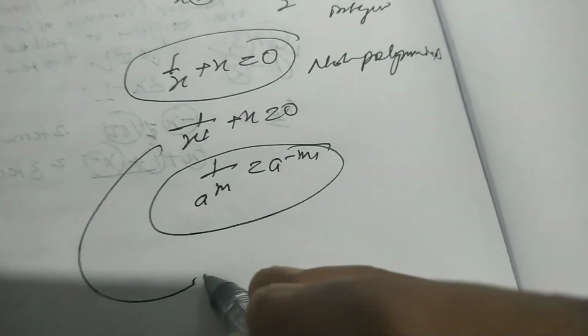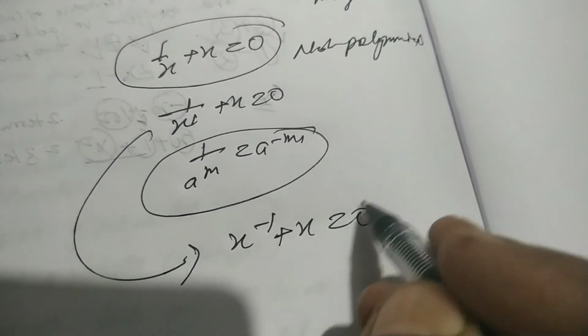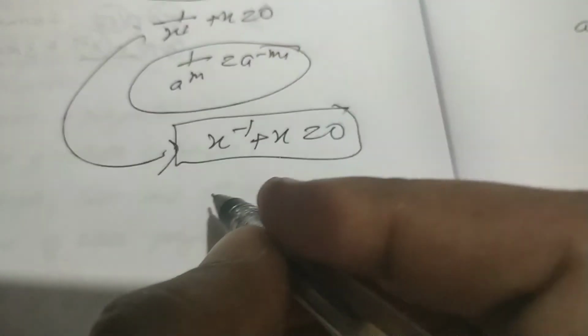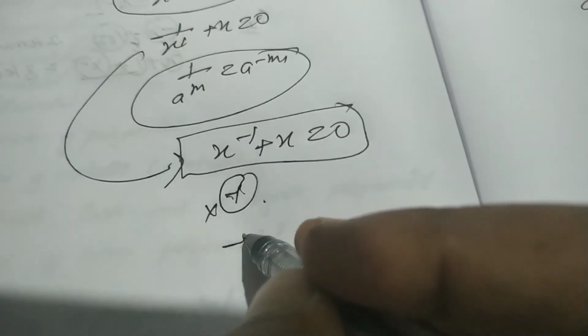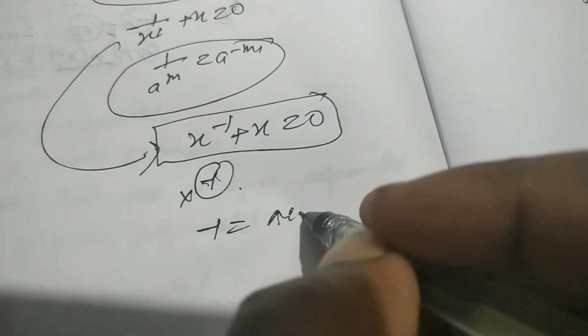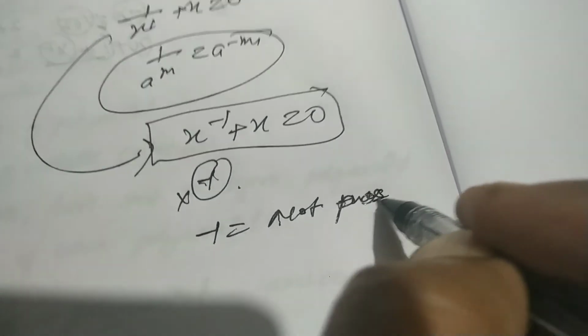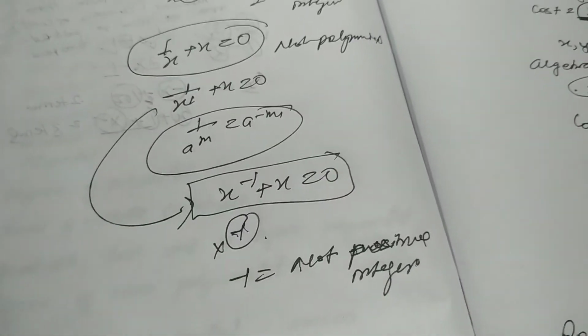So we write x to the power minus 1 plus x is equal to 0. Here the power minus 1 is not a positive integer. So that's why it is not a polynomial.